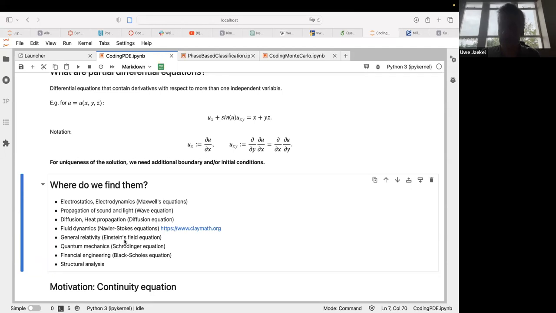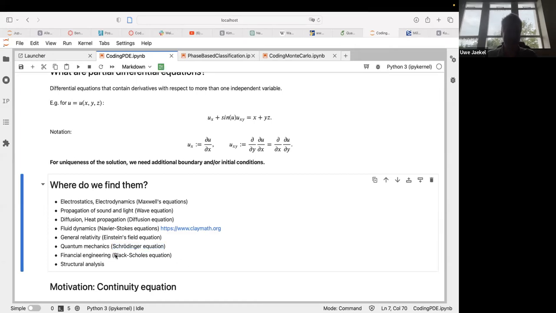You have certainly heard that gravitational waves are a very active field of research. In quantum mechanics, the famous Schrödinger equation is a partial differential equation, which for a free particle looks very similar to the diffusion equation that we will see in a minute.